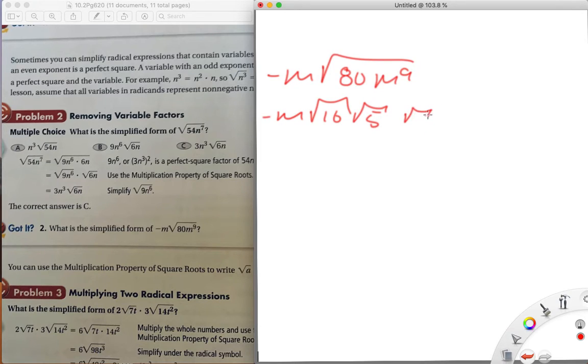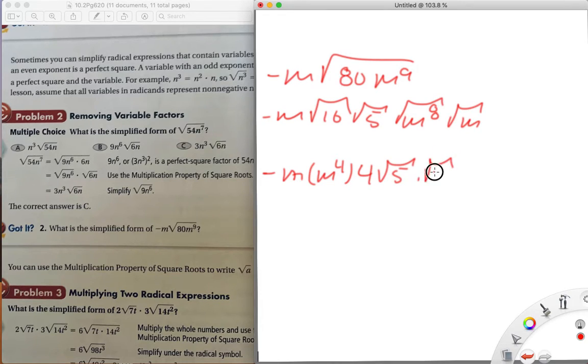So the square root of m to the 8 times the square root of m. I can pull that out, and that's going to be negative m times m to the 4 times 4 times square root of 5 times square root of m.